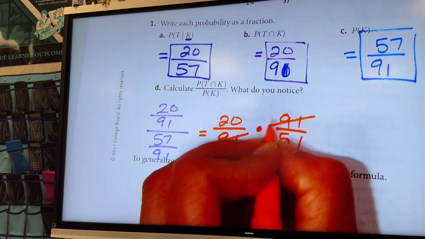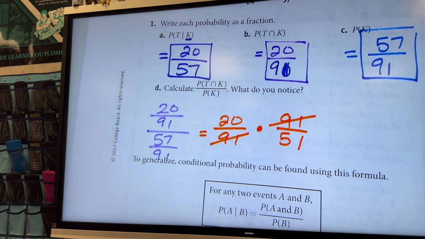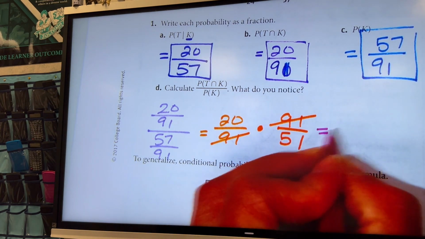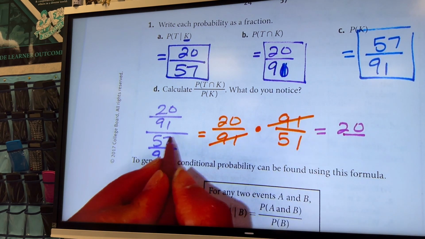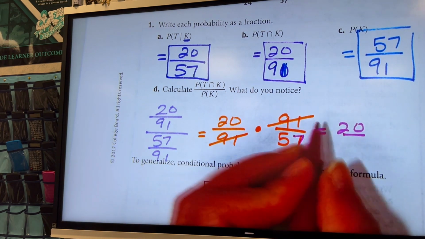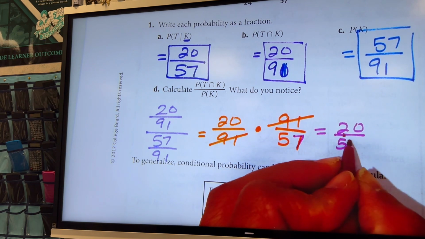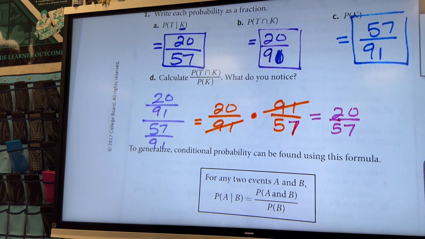The 91s cancel, so all we have left is 20 out of 57. Now, do we notice something?